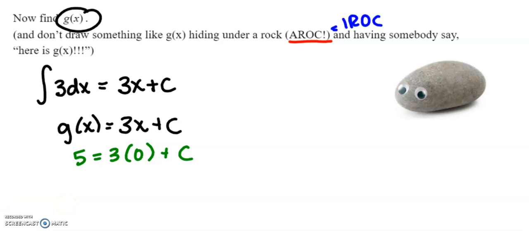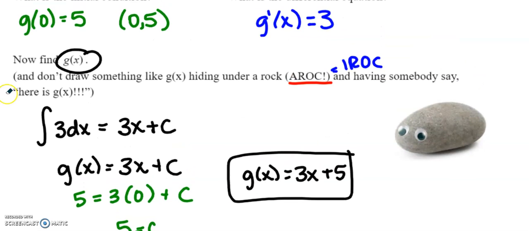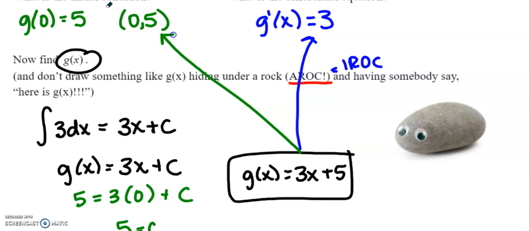When I do that, I end up with the fact that c is equal to 5, because 3 times 0 is 0, which means that my g of x is equal to 3x plus 5. And I can check that in 2 ways. When I take the derivative, I get that g prime is equal to 3, and when I sub in the point 0, I get an output of 5.